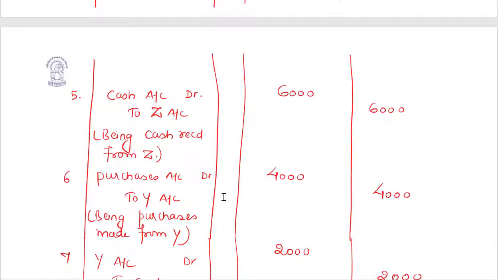Let's go to the fifth journal entry, and that talks about cash account will be debited, 6,000 to Z 6,000. That means in cash account we will debit Z as 6,000, and in Z we will credit cash. We will write by cash, and the amount would be 6,000.